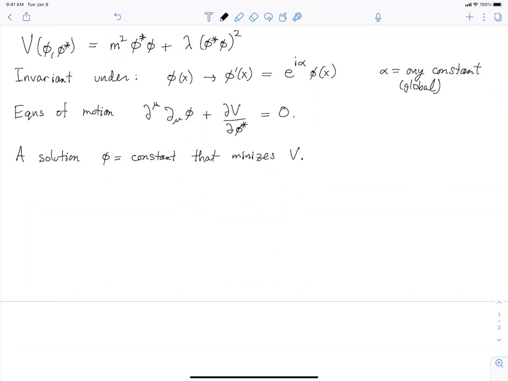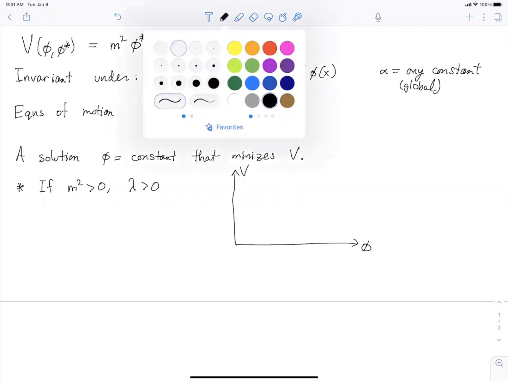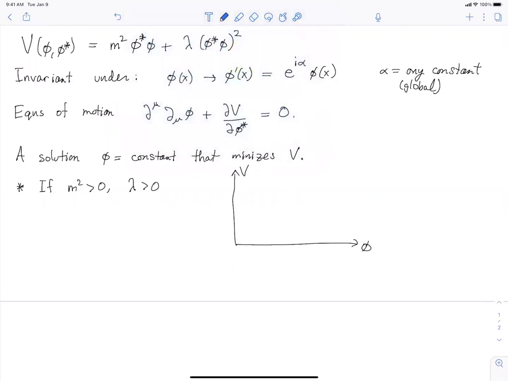So here's one possibility: what if m squared is greater than 0 and lambda is greater than 0? Then if I graph the potential as a function of phi, it's just going to look like that.